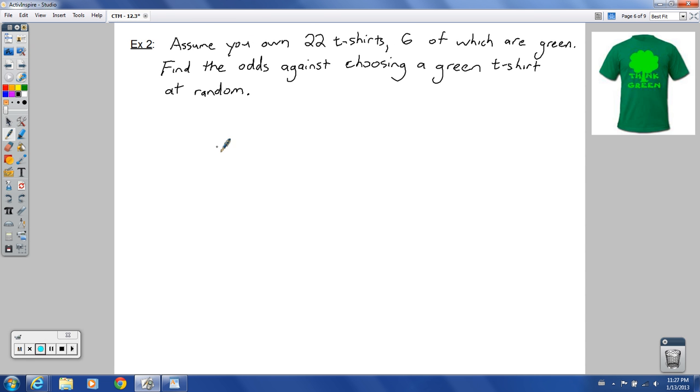So what's the probability of failure? Well, that's the probability of not drawing green. So let's write down odds against a green t-shirt first. The odds against a green t-shirt is the probability of not green over the probability of green.